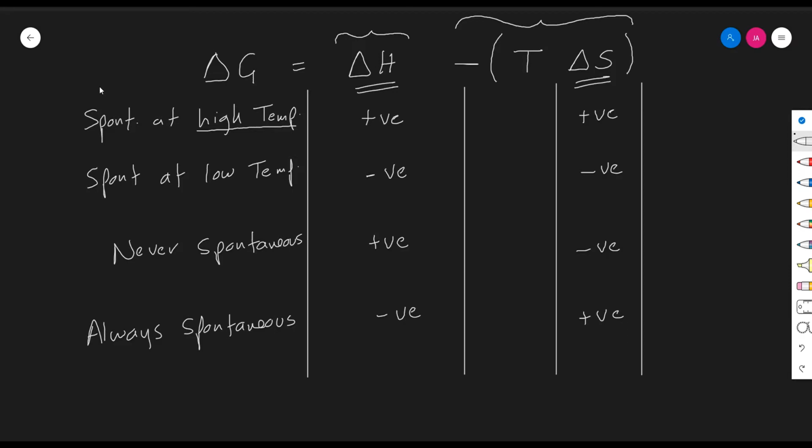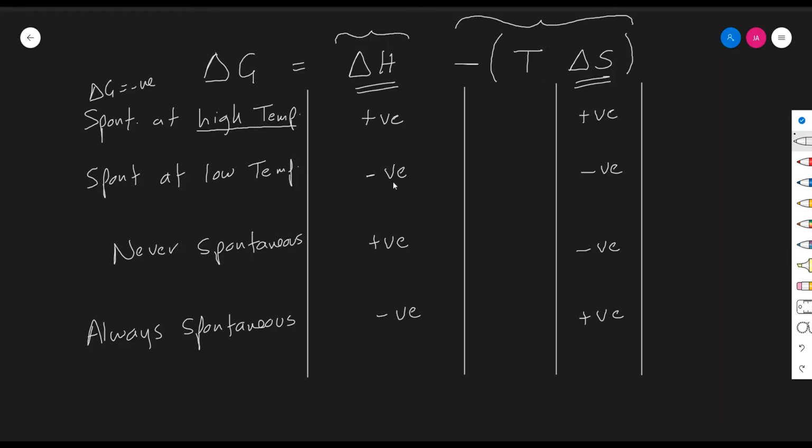Thus, the delta G would be negative at high temperatures, since the multiplication product of T delta S, taking into account this negative sign, would be a large negative value, much larger than this positive value if the temperature is really high.